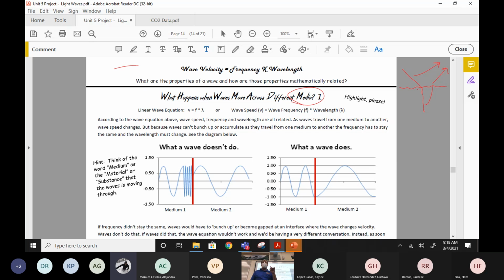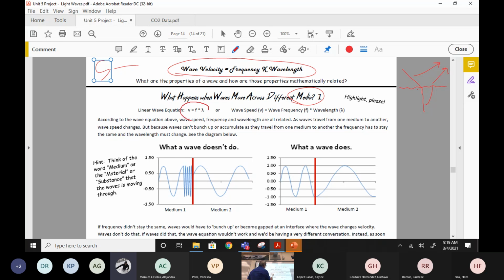But of course, we're going to make it all scientific, and we're going to analyze it, and we're going to do some calculations about it. So we have to remember that, what is our number one equation for this unit? Velocity is equal to wavelength times frequency, right? The speed of light is equal to the frequency of it times its wavelength.